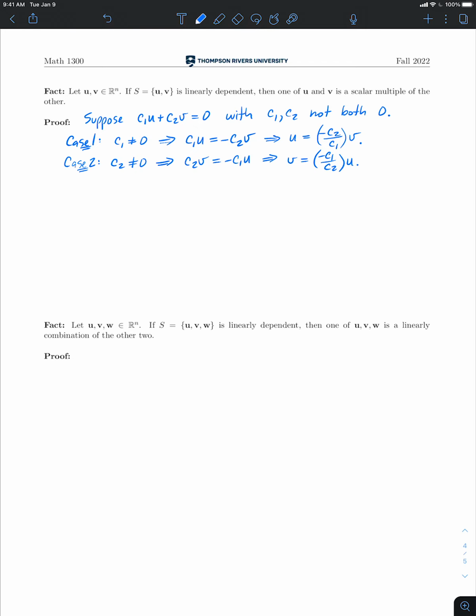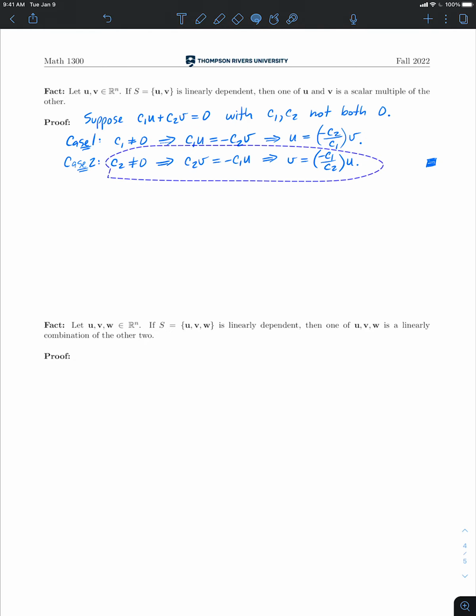That satisfies the statement because in that case v is a scalar multiple of u, and that's enough to say that one of them is a scalar multiple of the other. So I'm going to put a box here that completes the proof. And if you're wondering about the case where they're both non-zero, you could do either of these arguments in that case, so there's no need to consider it as a separate case.